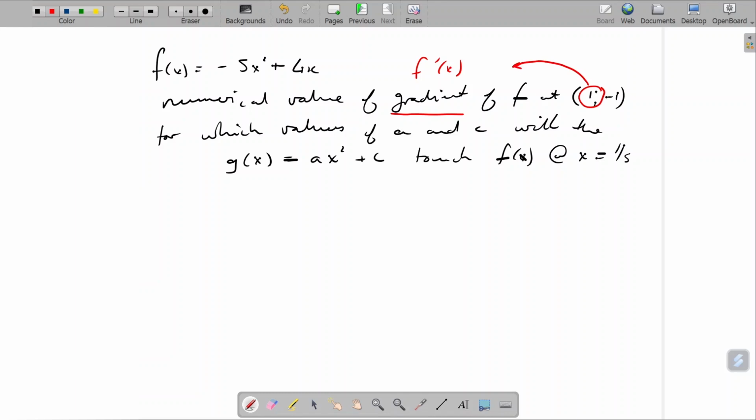So for question A, f prime of x will equal minus 10x plus 4. Therefore, f prime of 1 equals minus 10 plus 4 equals minus 6. And that is my answer to question A.